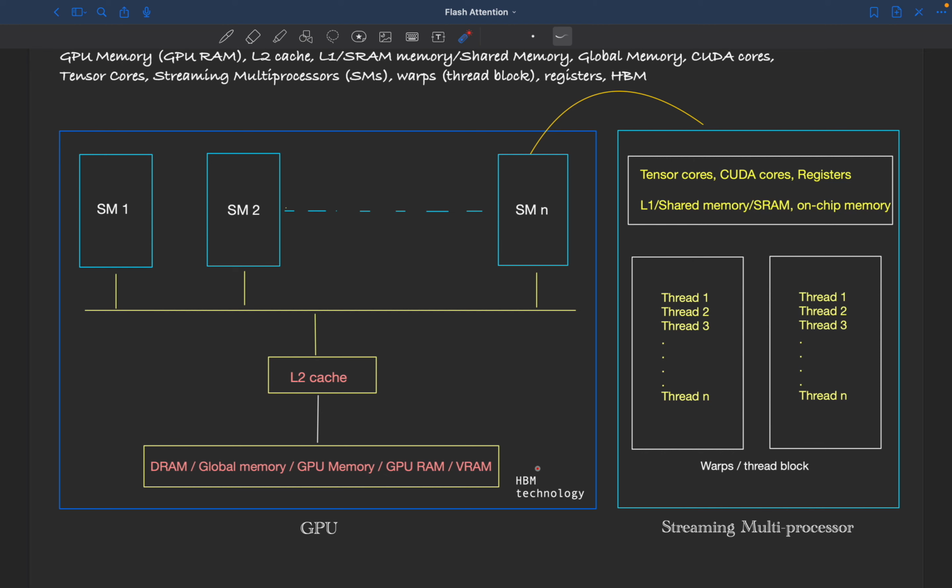And the technology is implemented in terms of stacks. For example, if you take the 80 GB A100 NVIDIA GPU, it is implemented in 6 vertical stacks. Why vertical stacks? If we implement it that way, we can make use of the bandwidth easily. That means higher bandwidth is more feasible if we implement it that way, right?